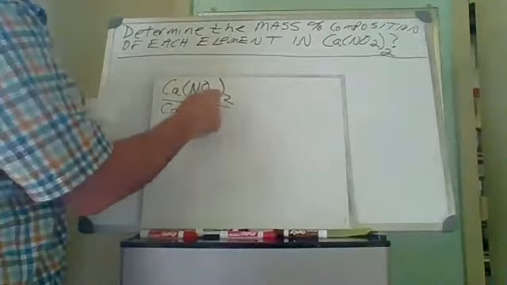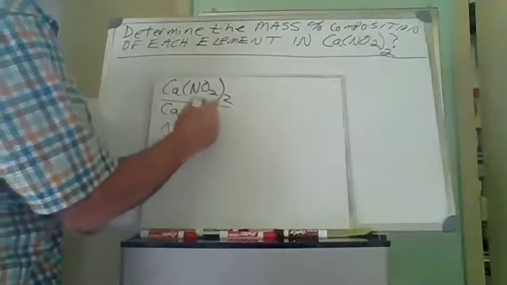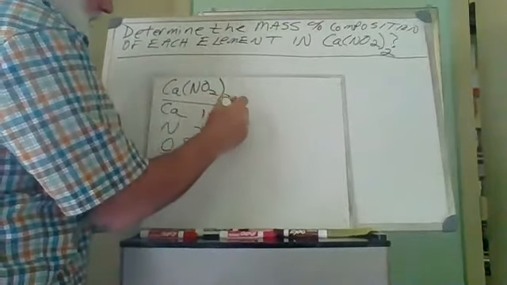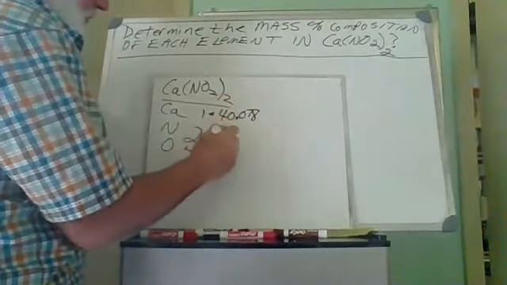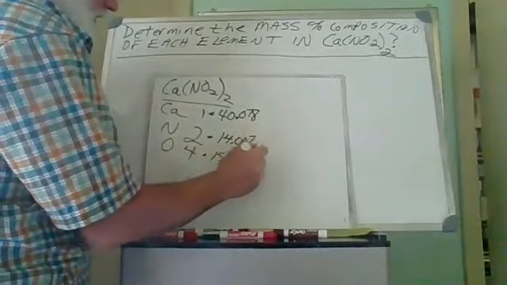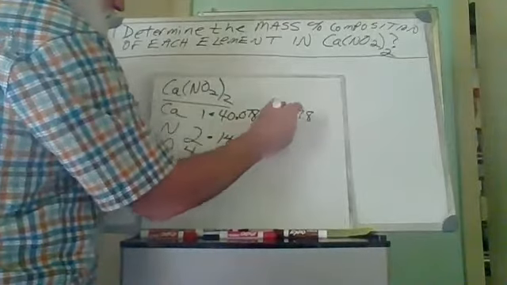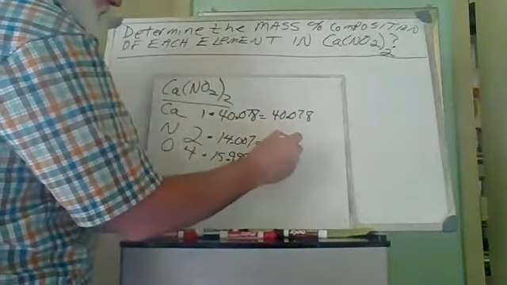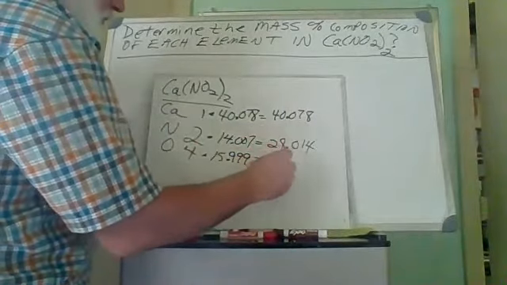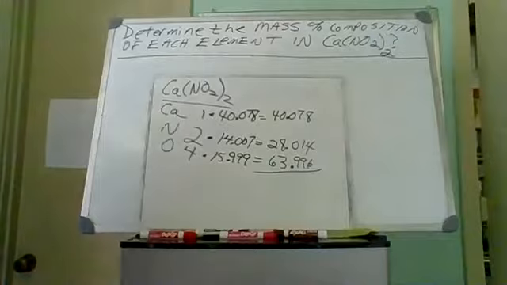And 1 nitrogen times 2 is 2 nitrogens. 2 oxygens times 2 is 4 oxygens, multiplied by their masses off the periodic table. And we get our calculator and add them up.